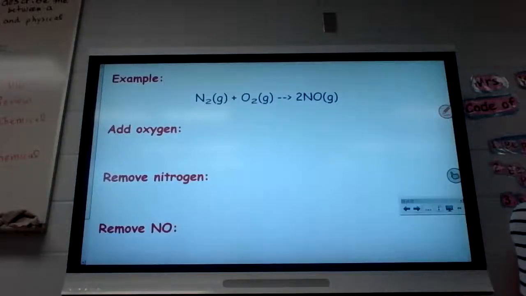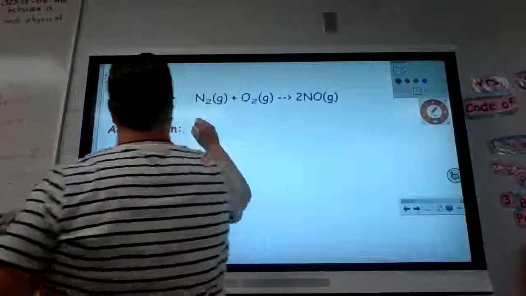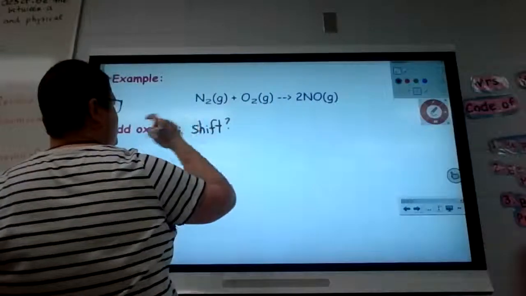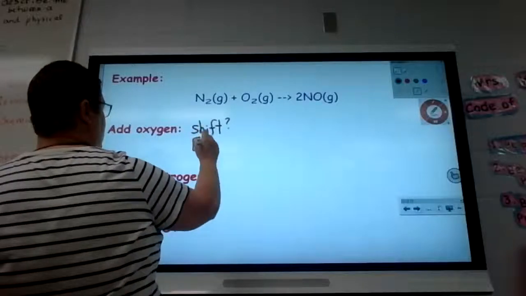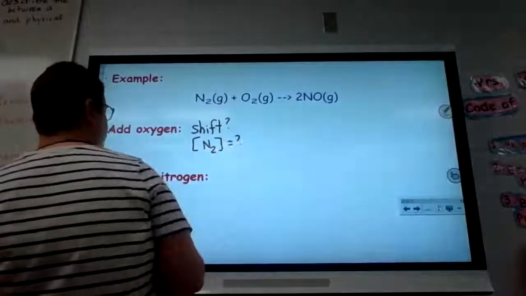All right. So these questions are all different. This is the nice part about concentration. It's easier to vary these questions because I can do lots of things in the question. So if I add oxygen, I need to know the direction of shift, and I want to know what happens to nitrogen.